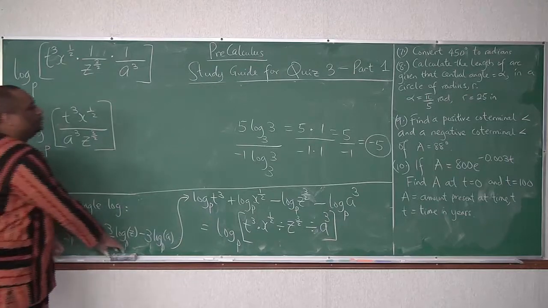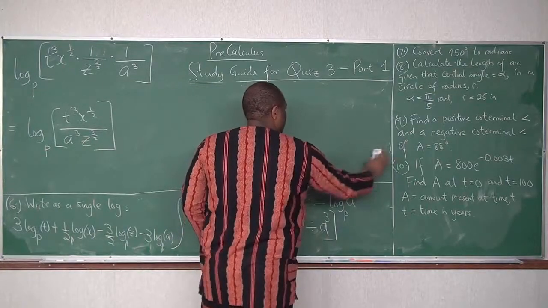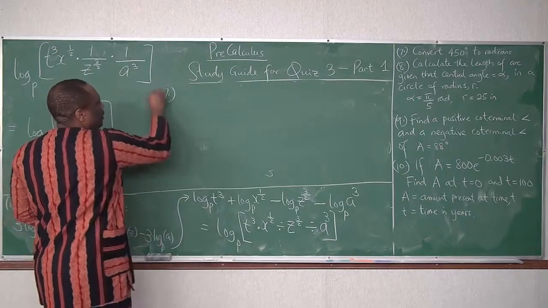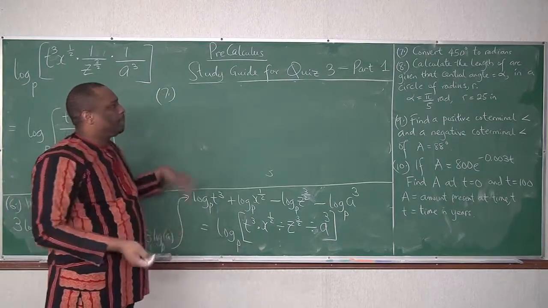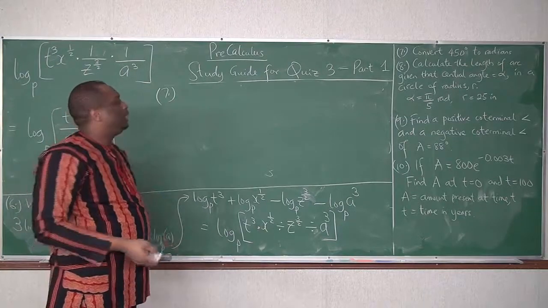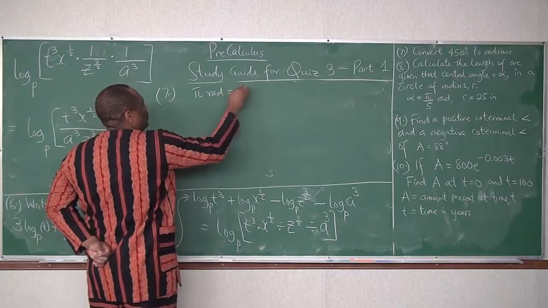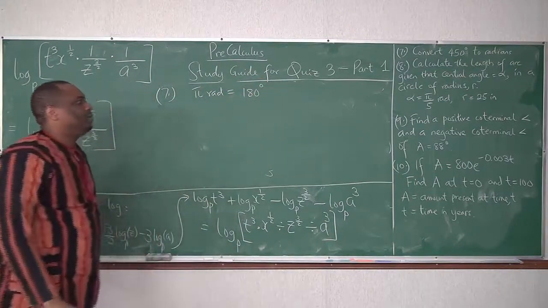Alright, next one. Next one is question 7. Convert 450 degrees to radians. Now remember, in the videos I did, we know that pi radians is what? 180 degrees. Pi radians is 180 degrees.